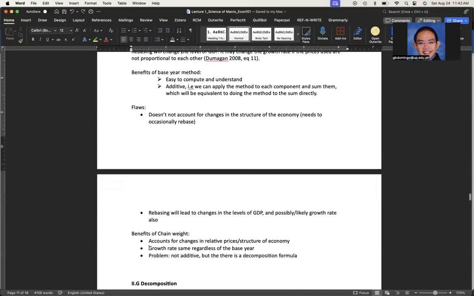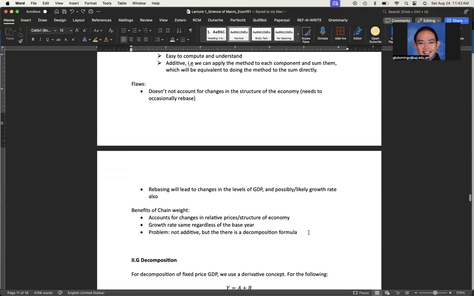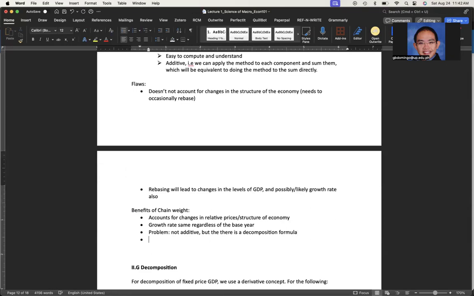So what is the secret to chain weight? The secret to chain weight is that here, I'm just going to add this line here. It's using the year before and the year after as the prices to value output. And therefore, it's not tied to a long ago base price.